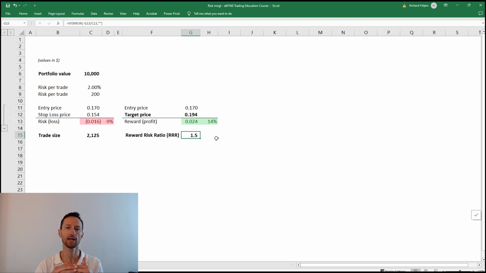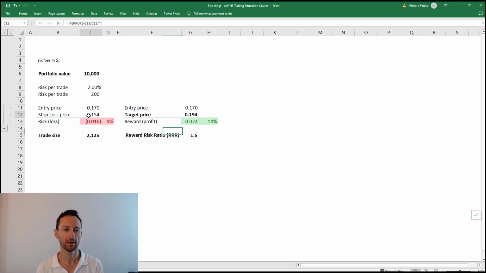How much can I profit or gain from this trade versus my risk, depending on where I put the stop loss? It's about 1.5. I typically target a ratio of 2. So I want my upside to be twice as big as my potential downside or my risk. So this is not ideal. I like it to be higher.